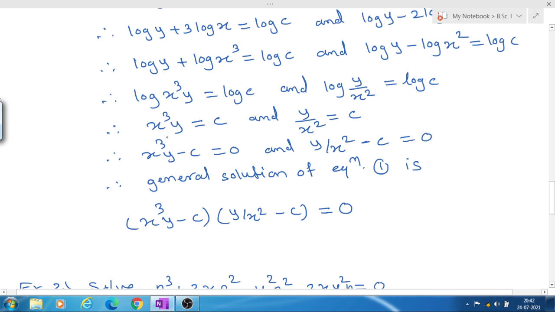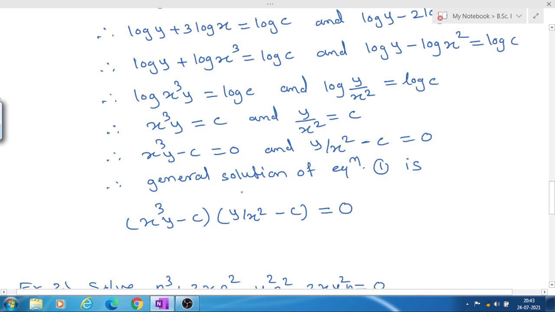Now on both sides there is a log, therefore eliminating log we get x cube y is equal to c, and here y upon x square is equal to c. Therefore we get the equations x cube y minus c is equal to 0, and y upon x square minus c is equal to 0.